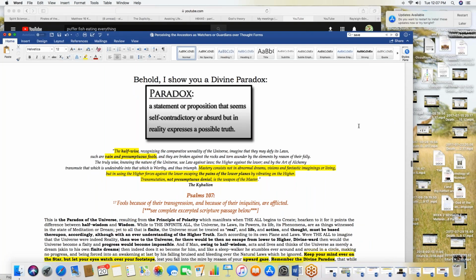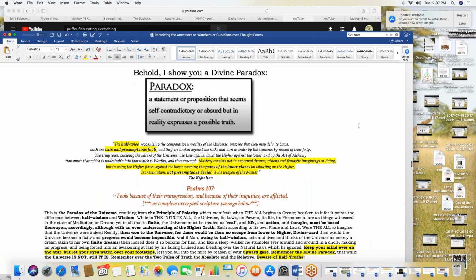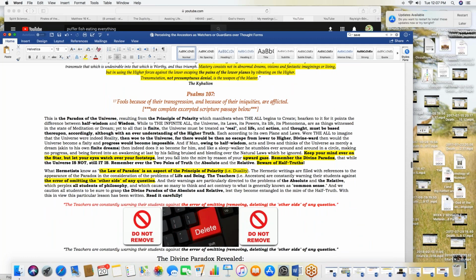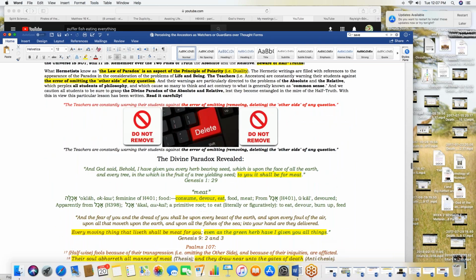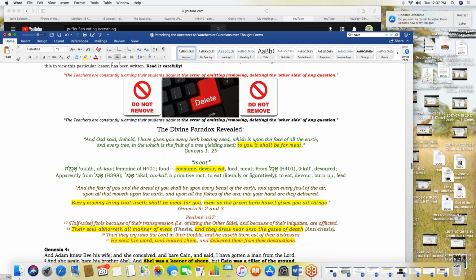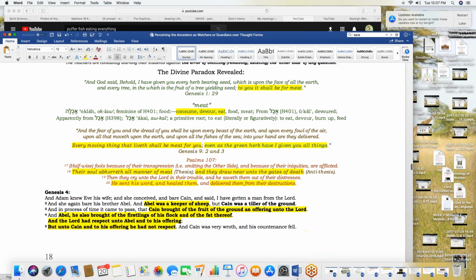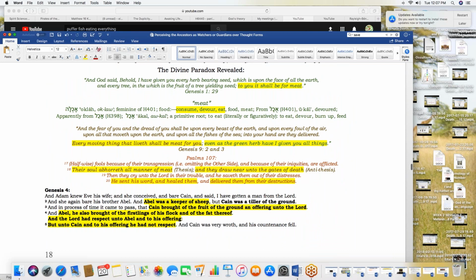We looked at this paradox yesterday. And like we saw, Malkiel, you must look at both sides, both polarities, without what? Omitting one. Right. And we saw this paradox in looking at Genesis 1:29, where we were given a vegan diet.